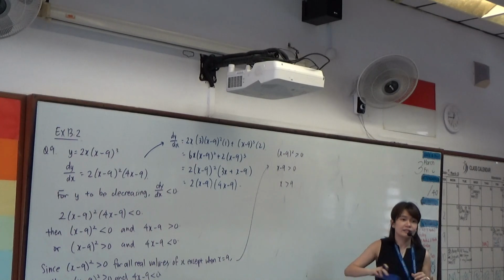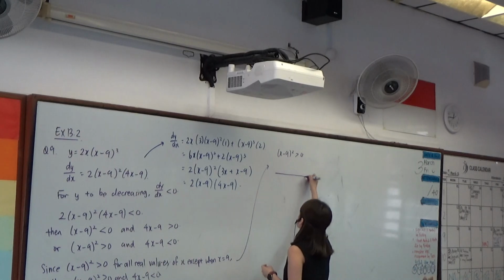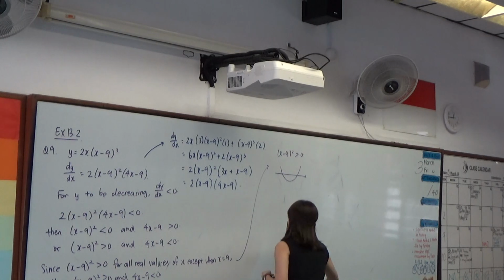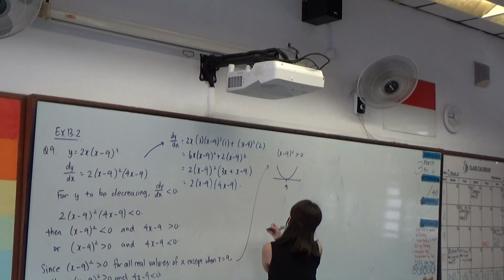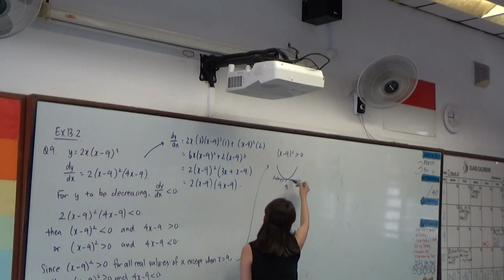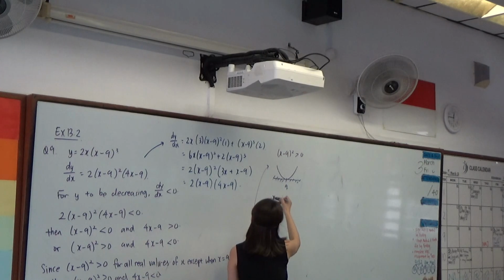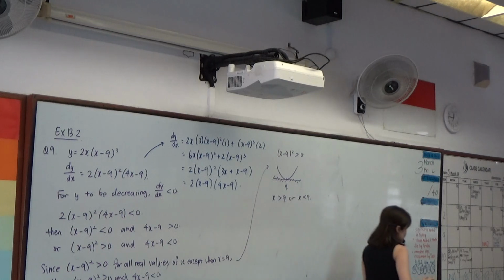Okay, it's a quadratic. So we're looking at a case whereby it's actually like that. There's only one intersection at 9. So if it is more than 0, that means x is either less than 9 or more than 9.